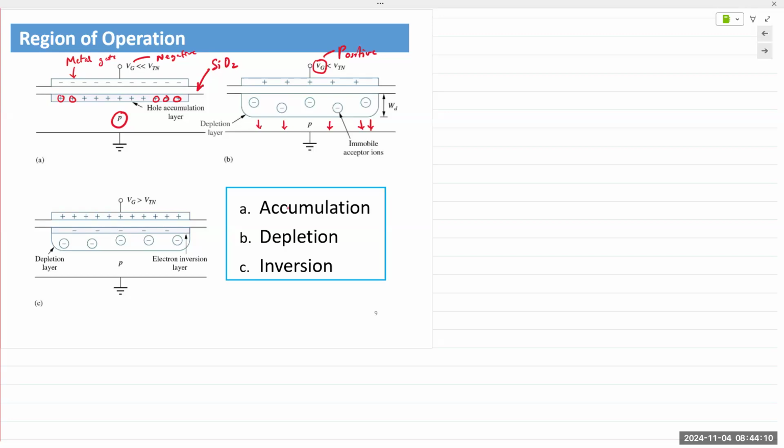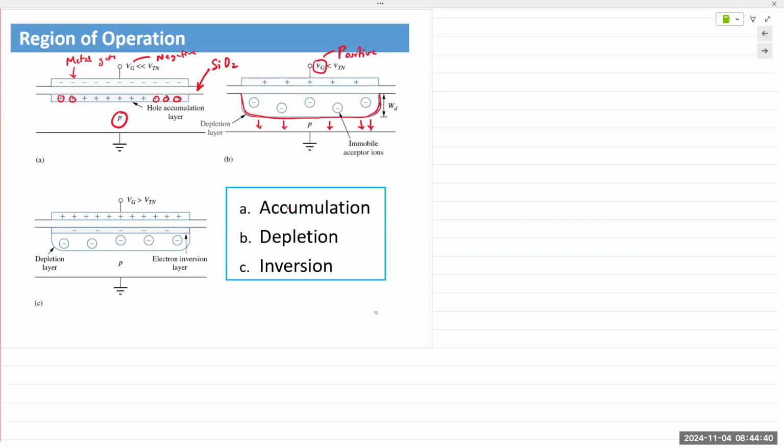Remember, ionized atoms. P-type material is created from acceptor atoms, 3 electrons in the outermost orbit. So it's one extra positive charge. The holes are going away, it leaves behind negative charges. And so a region forms here that now has negative charges.